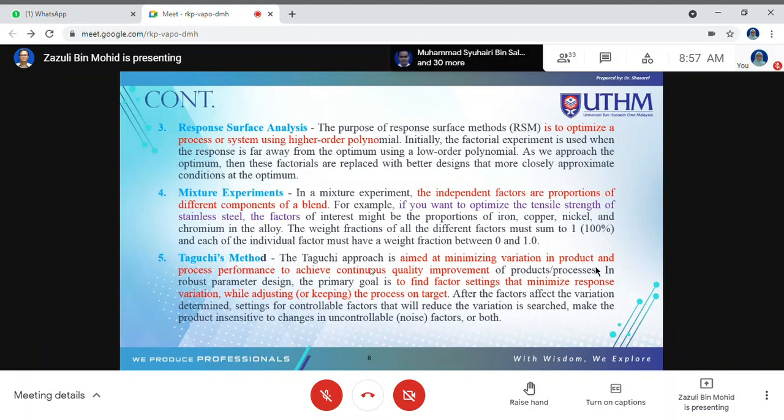In actual practice, we cannot do an experiment or improvement involving all of these identified factors. In a certain process, we have to select the most influencing factors. So Taguchi methods can help us to minimize the factors and also the levels, and also we can minimize the total trials of experiment by using the Taguchi method.